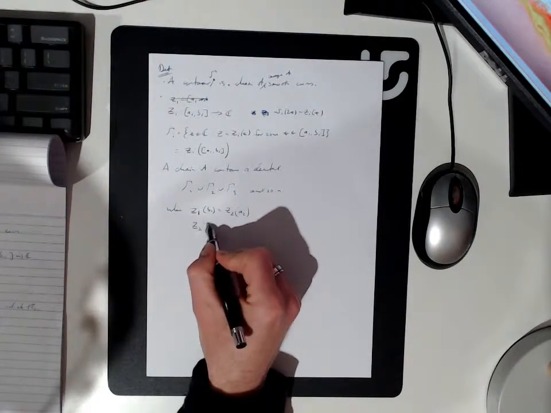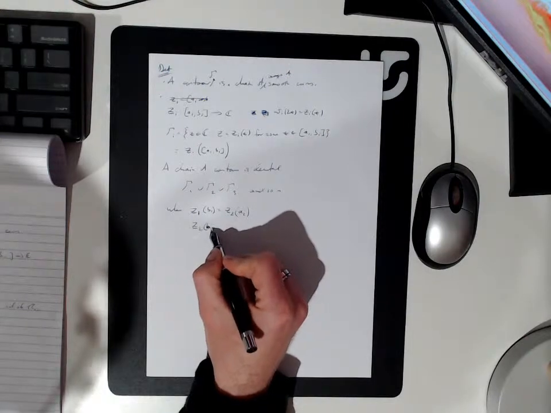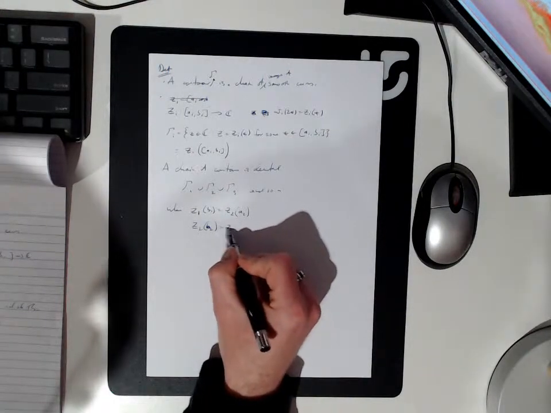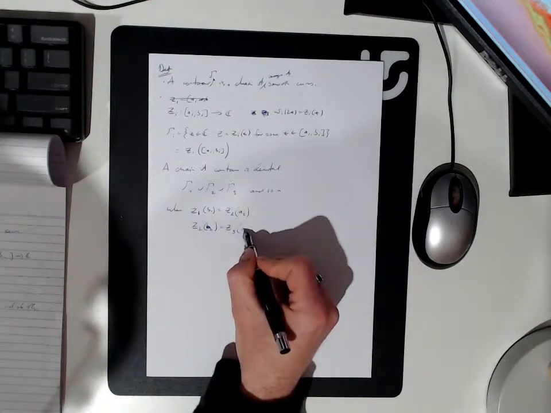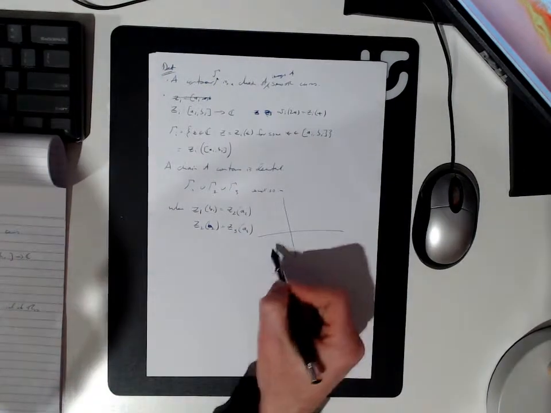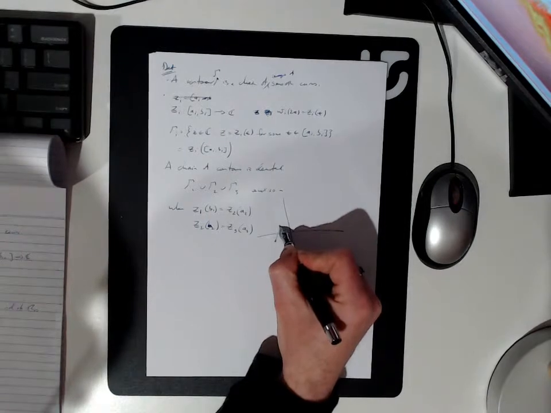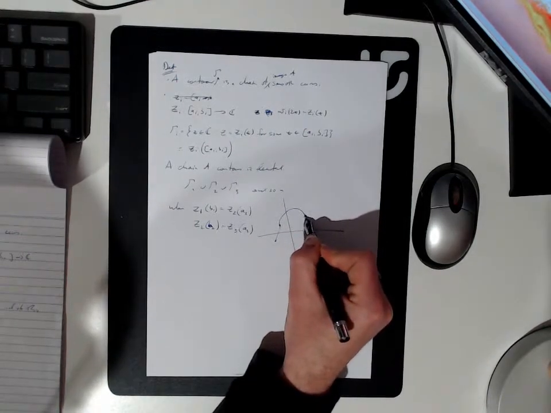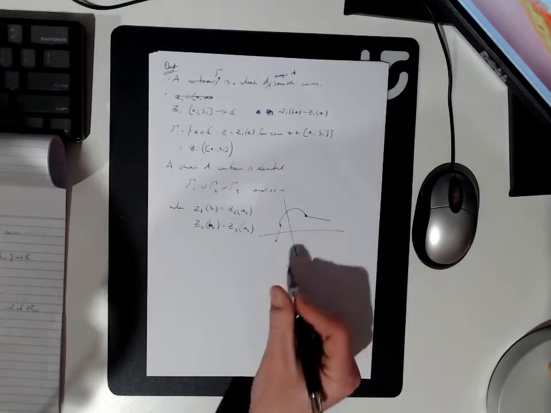And the end of z_2 is equal to the beginning of z_3, whatever the z_1, z_2, and z_3 are. What's important is that in the plane, the bits that make up the curve are connected to each other.